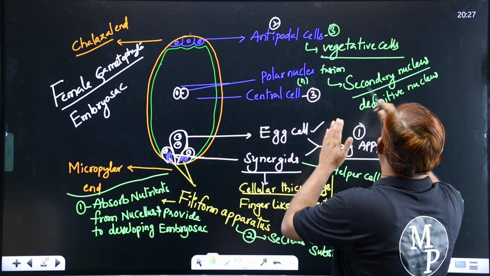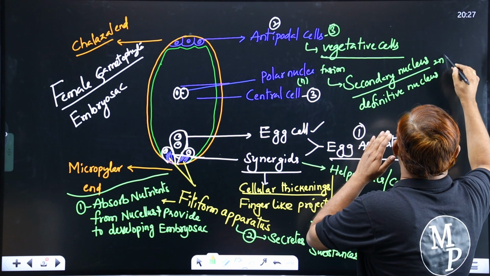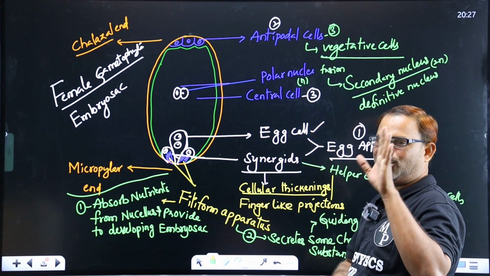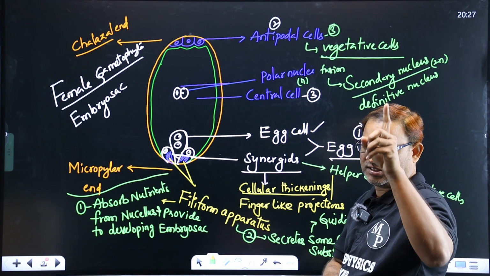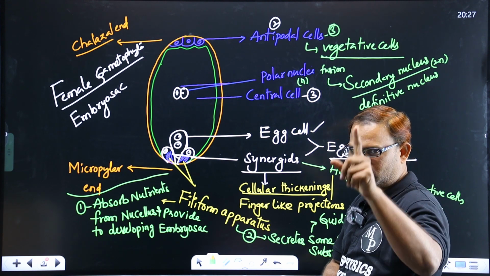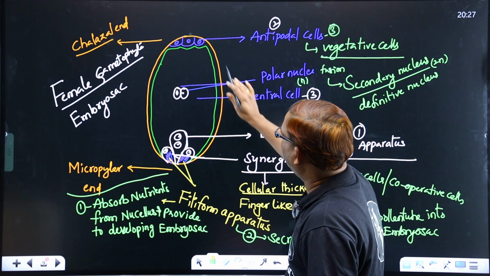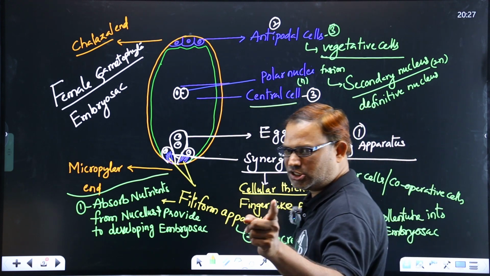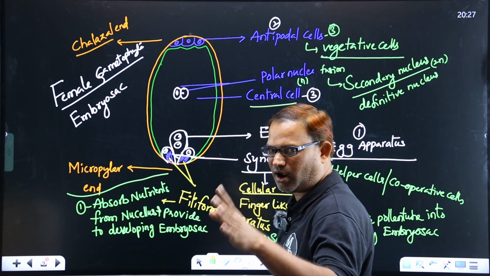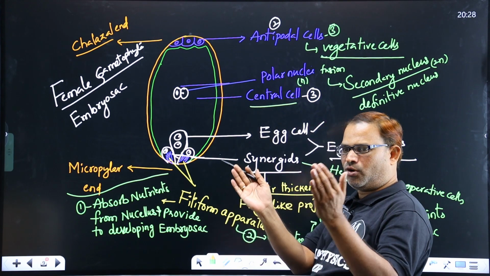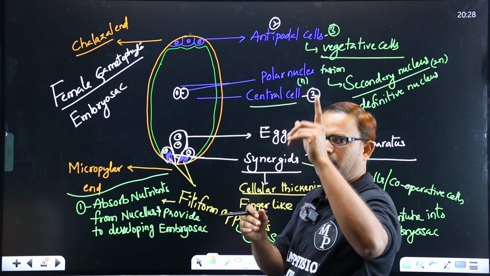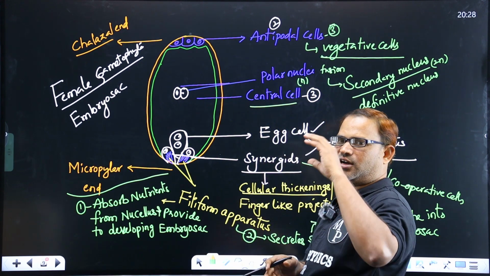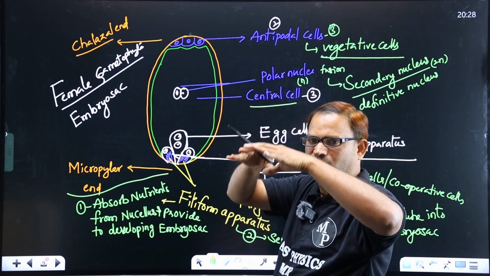When fusion takes place, that becomes the secondary nucleus, which is diploid. But that is a single nucleus, not double. It is present in the central cell. Initially the central cell is haploid. When the polar nuclei fuse, it becomes diploid. After the triple fusion takes place, it becomes triploid.